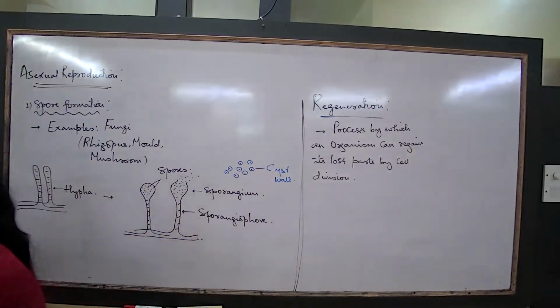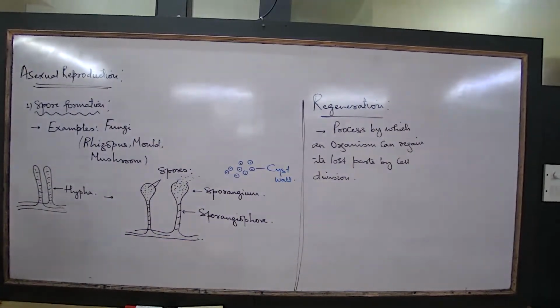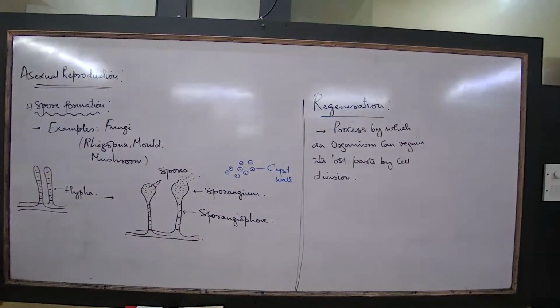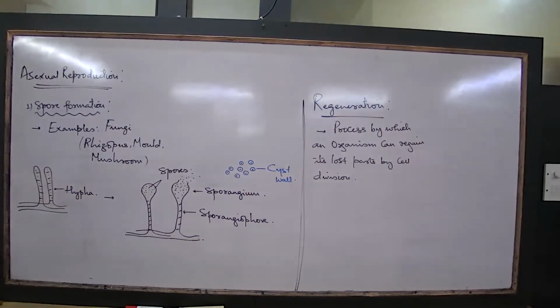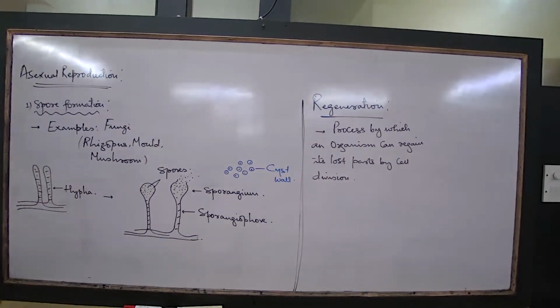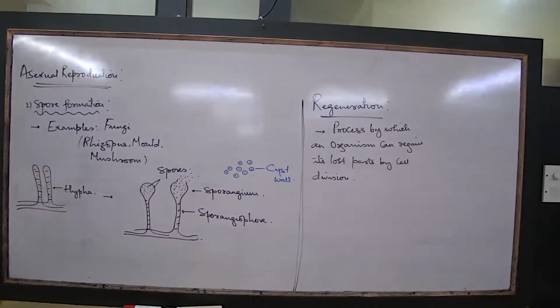When we are talking about the concept of regeneration in various groups of organisms, I may talk about regeneration in lizards, or in planaria. Let us talk about regeneration in planaria.